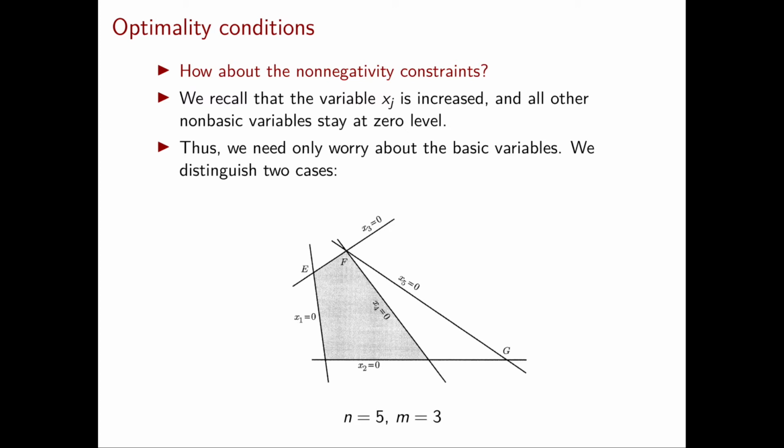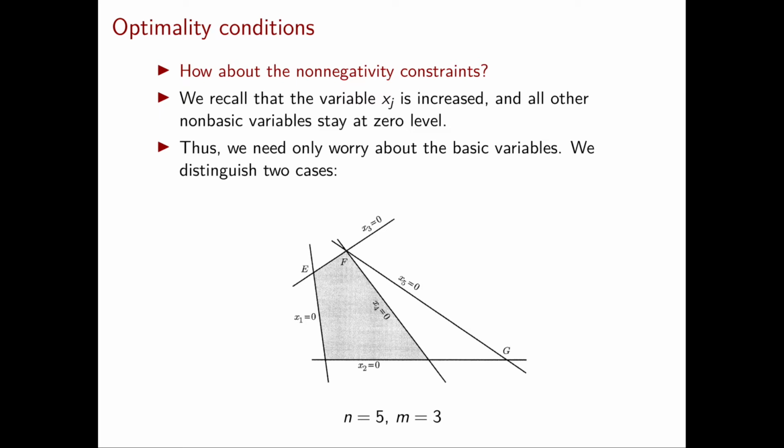In fact, non-basic variables give us no problem at all, because they were all 0, and going in the direction D keeps almost all of them as 0, and one of them is increased to a positive value. Therefore, non-negativity constraints for all the non-basic variables will always be satisfied. So we only need to worry about the basic variables.